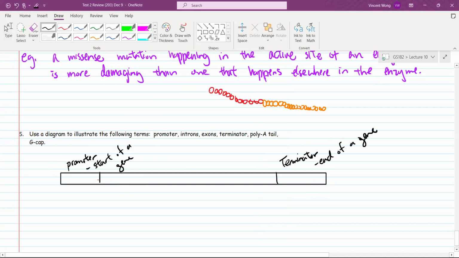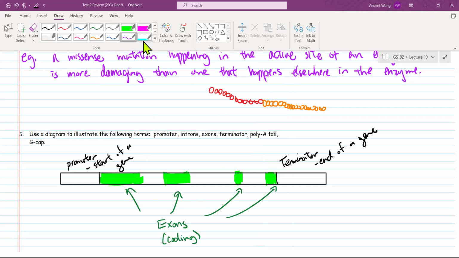And then within the gene, you're gonna have two kinds of sequences, okay? All right, so you will have parts that will be expressed. These are the exons. They are coding.